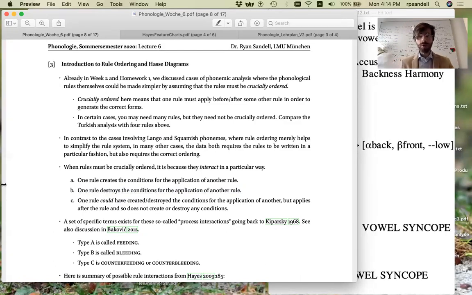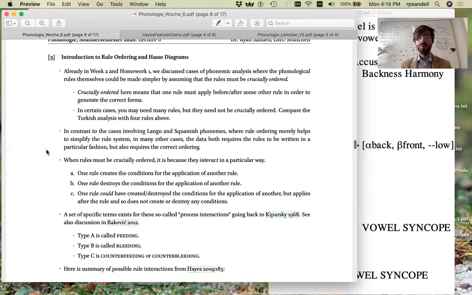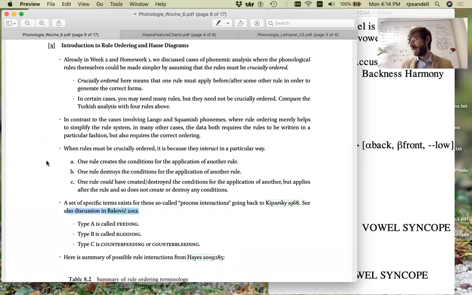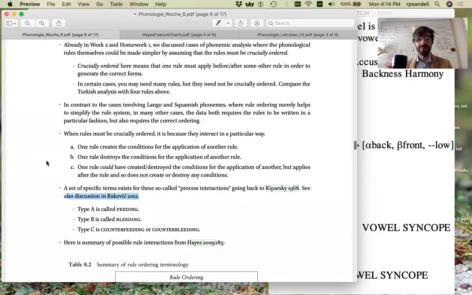For some time in phonology, there is a set of specific terms that have existed for these types of so-called process interactions. There's a famous article by Paul Kiparsky from 1968, which introduces a couple of these terms, and a nice recent article by Eric Bakovic, which talks about some of these interactions in the context of so-called opacity.